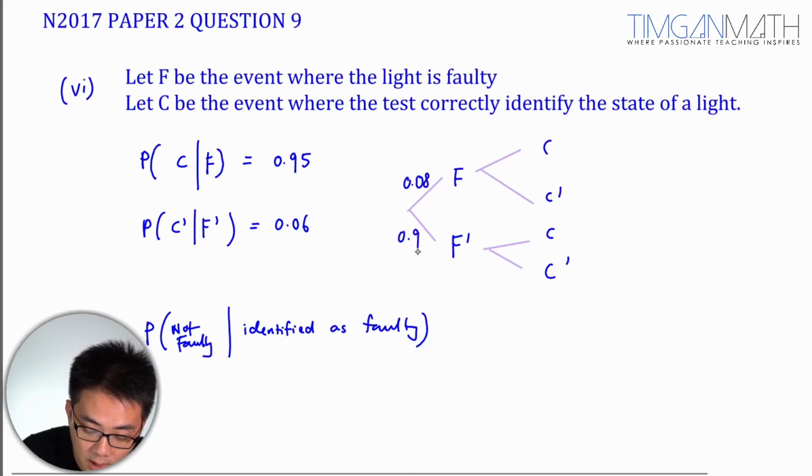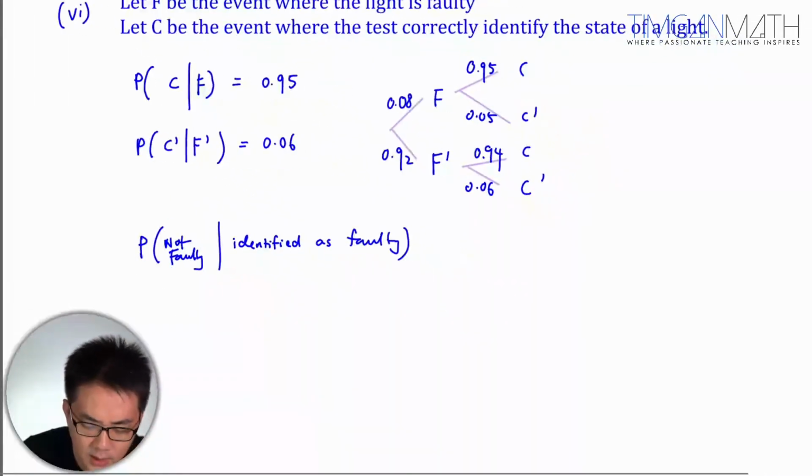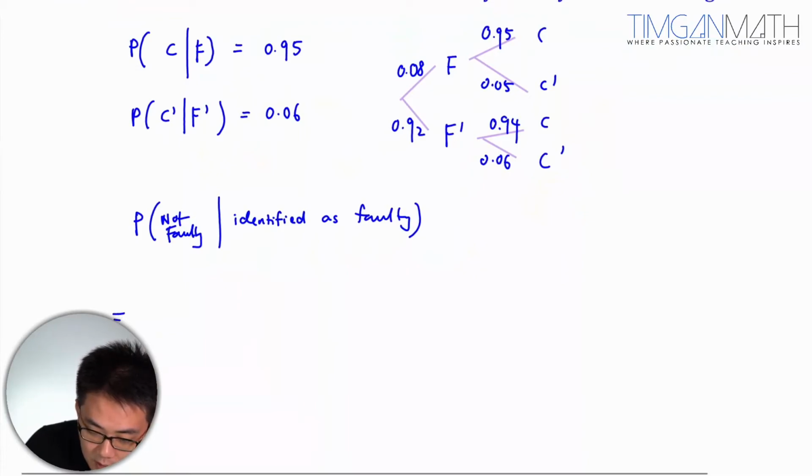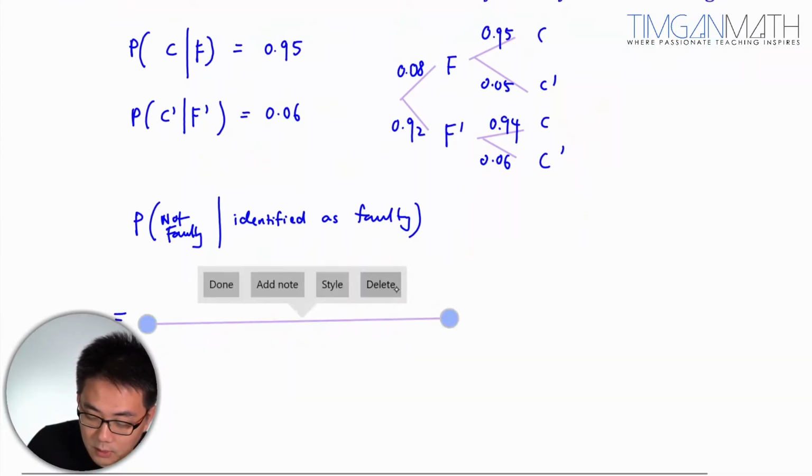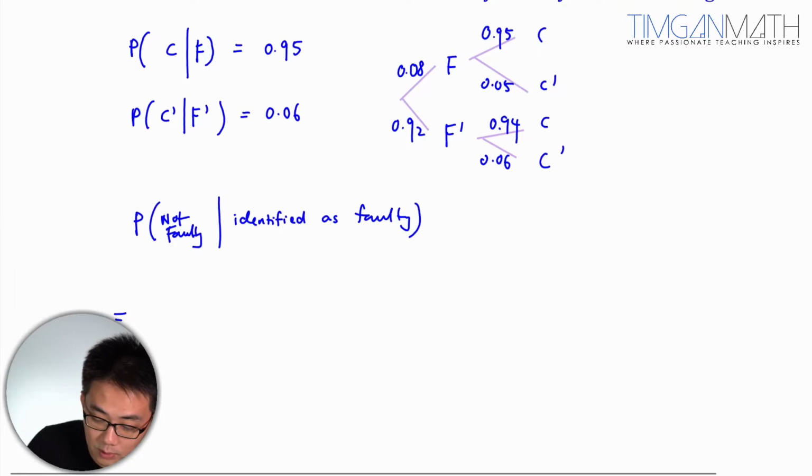This is 0.92. Then after which you have the correct, which is 0.95, then this is 0.05. This case here will be 0.06, and this will be 0.94.